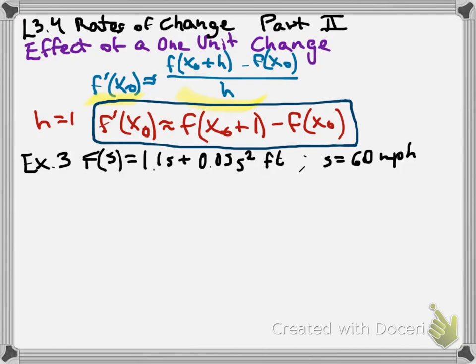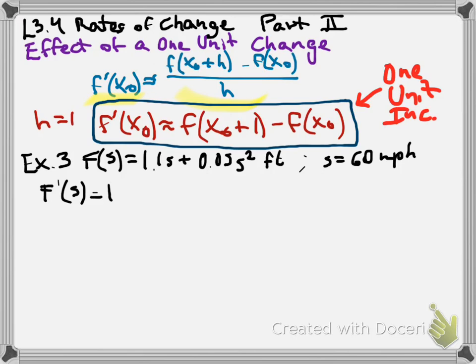So we're going to be using this equation, okay? A 1-unit increase. This is the equation. Okay, let's start. We're going to be using the derivative. So f prime of s, we will need the derivative, will be 1.1 plus 0.1 s. Okay, and this is going to be feet per miles per hour.